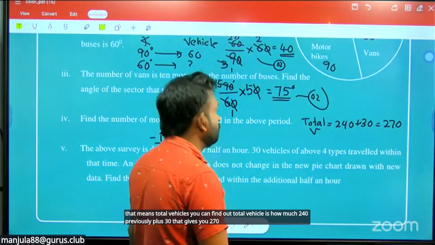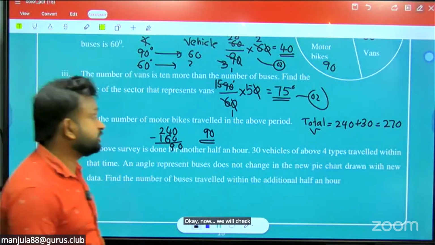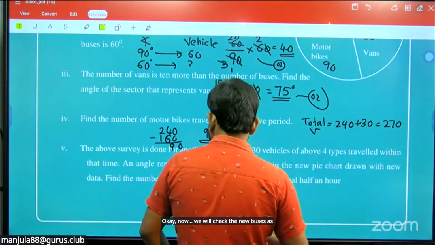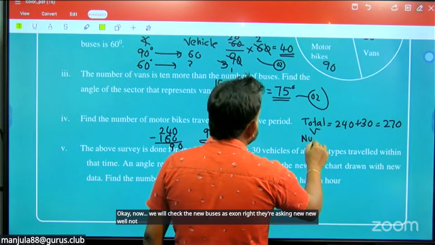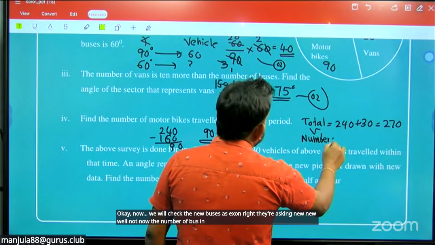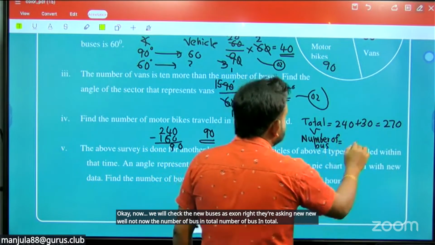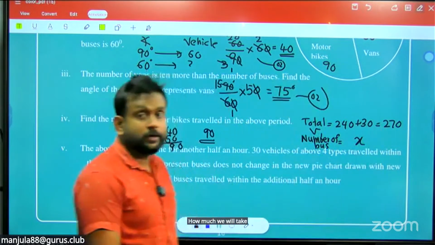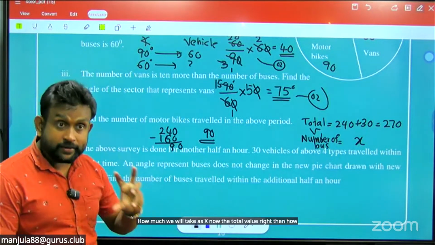Okay, now we will take the new number of buses as X, right? The number of buses in total, we will take as X. Then how to find the angle here?